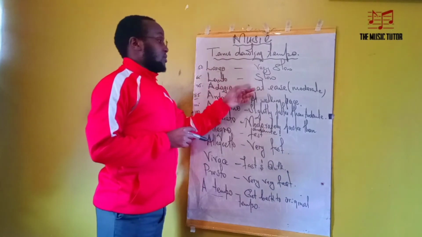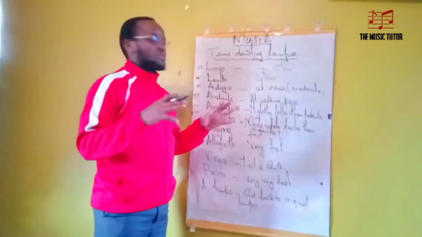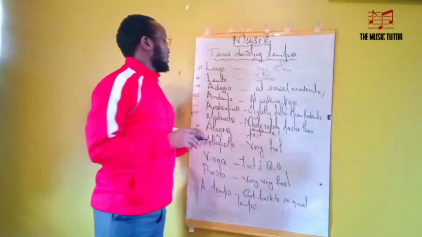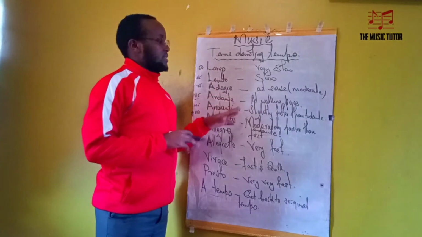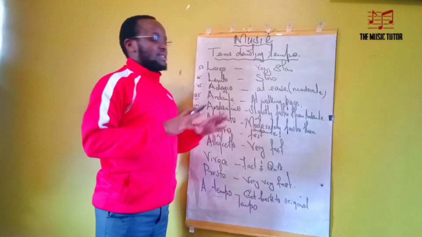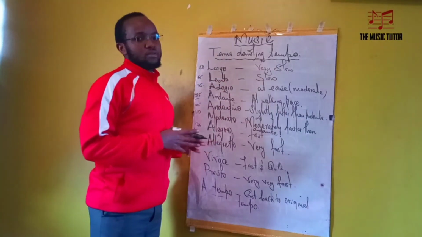Lento is slow at around 65, but not as slow as largo. Adagio means moderately slow, but at ease. Not slow like lento.